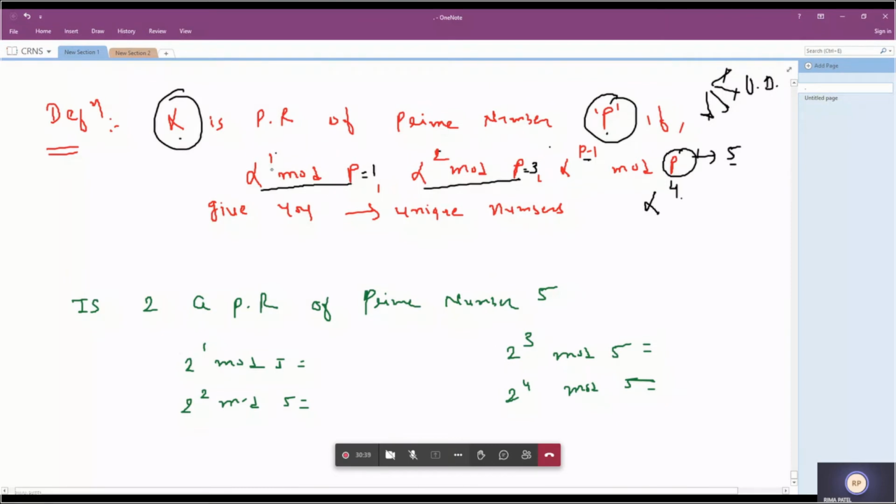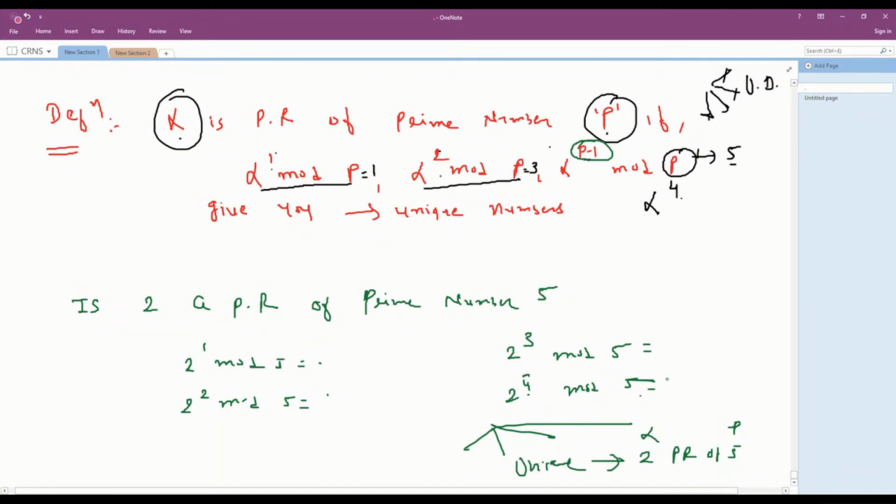According to the definition, alpha raised to 1, alpha raised to 2, up to alpha raised to p minus 1 I need to go. What is p? 5. So 5 minus 1 is 4. So I need to check these 4 values. If each and every value is unique, then I can say 2 is a primitive root of 5. But if any one of the values is repeating, and I'm not getting uniformly distributed values, then I can say 2 is not a primitive root of prime number 5. So quickly find these values and let me know whether they are unique or not.